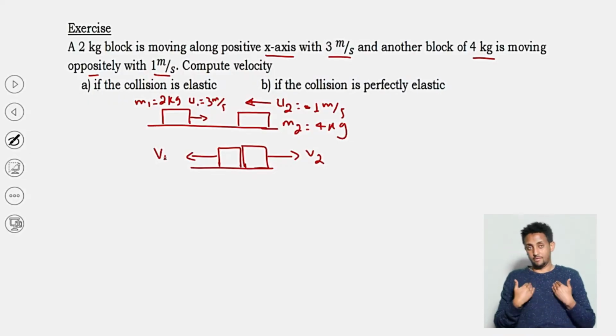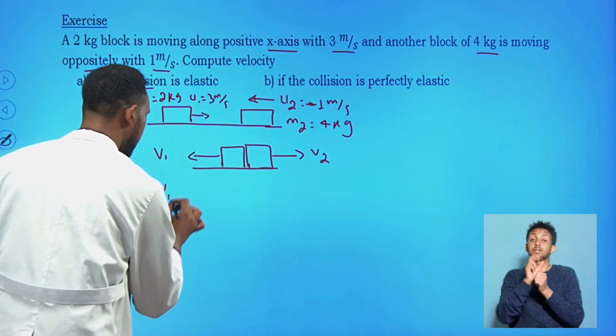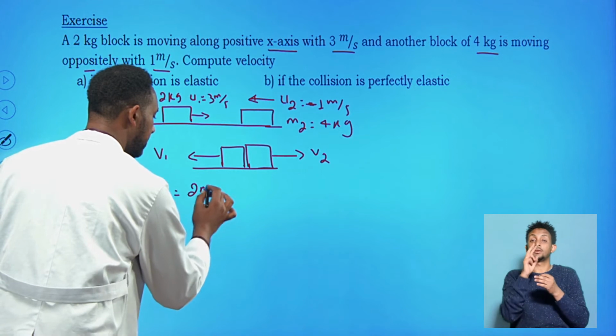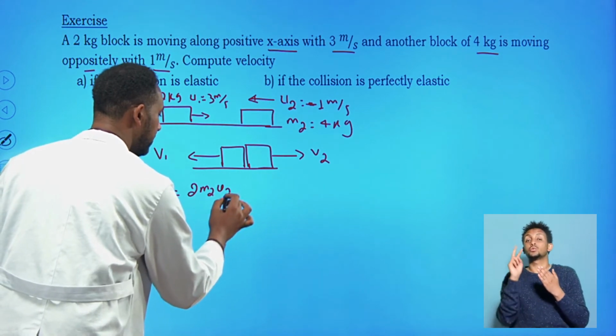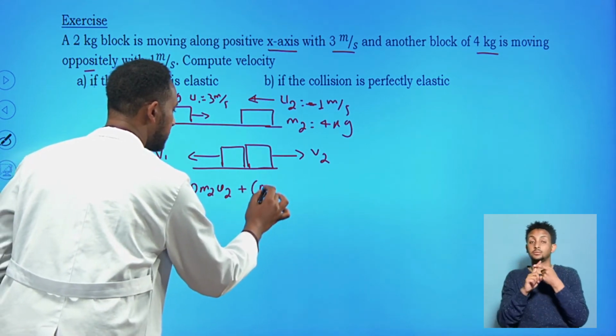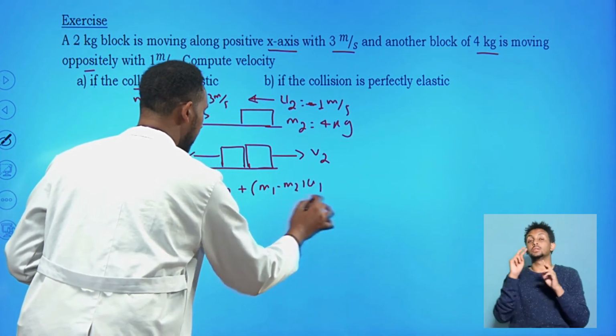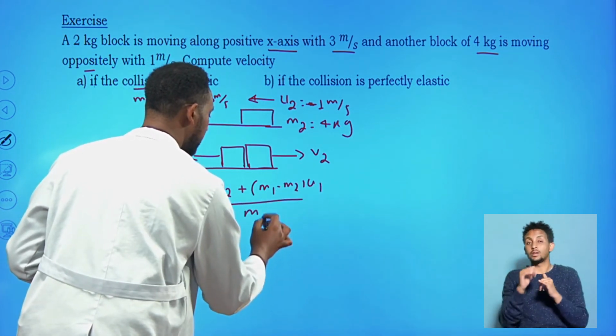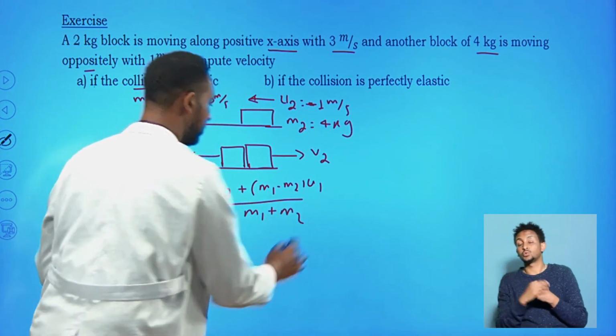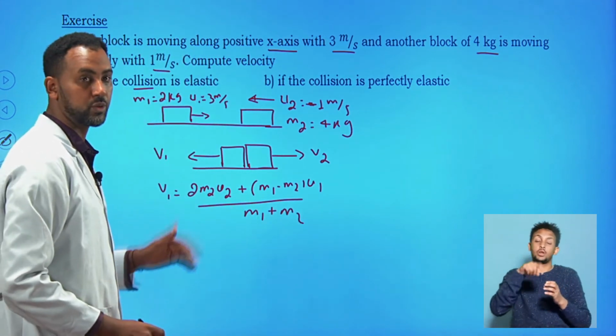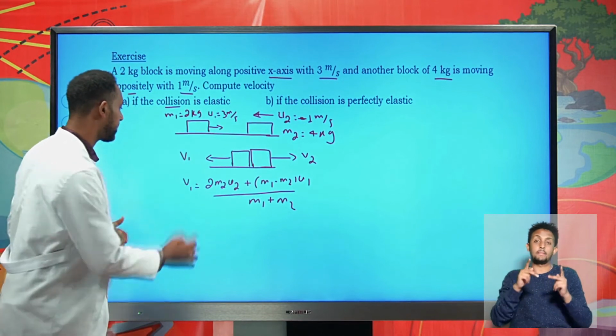So putting this all together, v1 can be determined as (2 m2 u2 plus (m1 minus m2) u1) over (m1 plus m2). That's all. We have to substitute all the variables that we have.